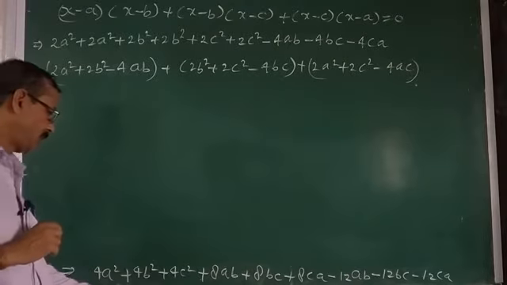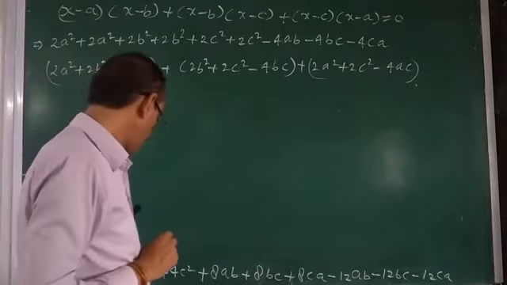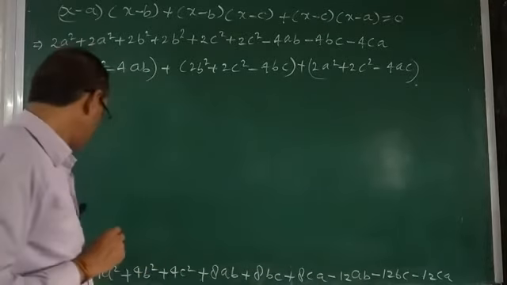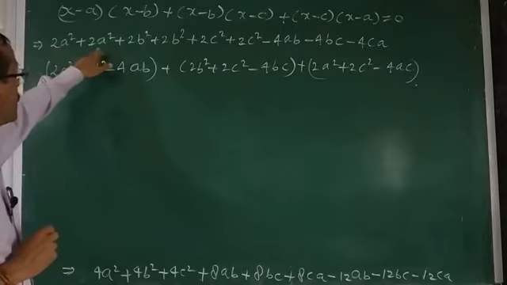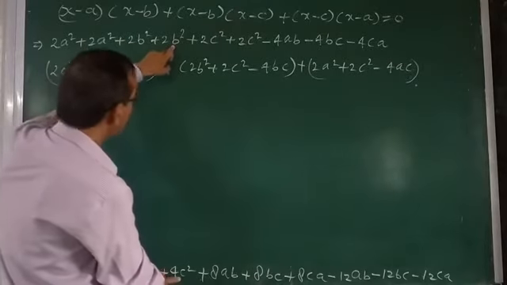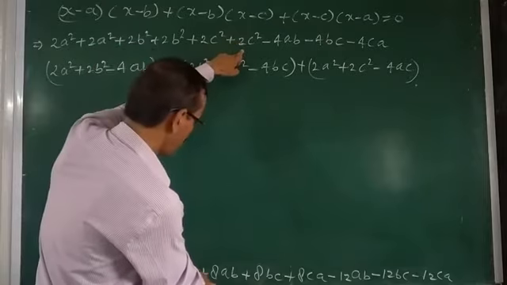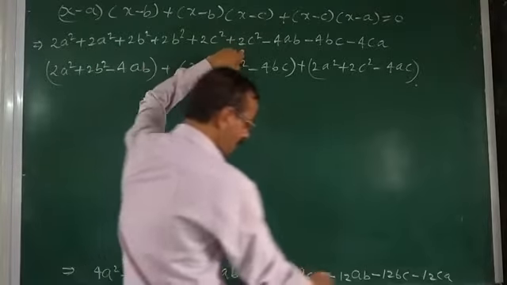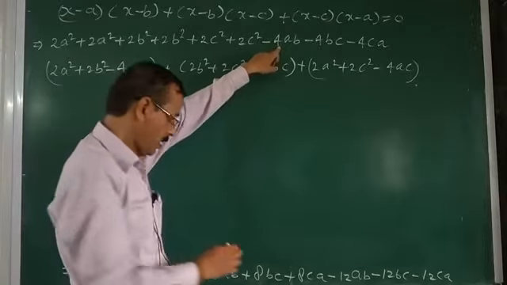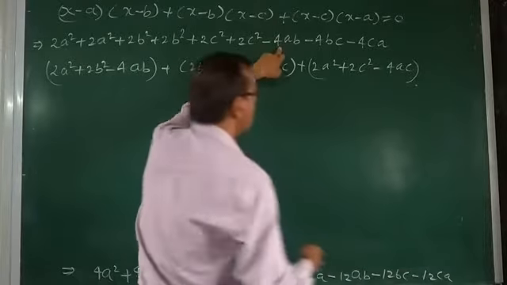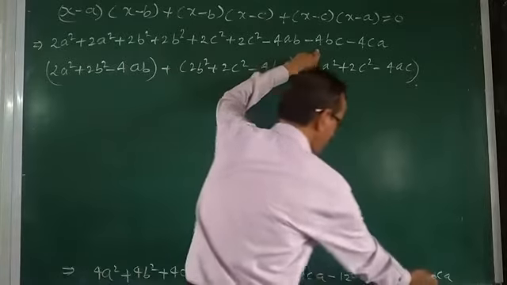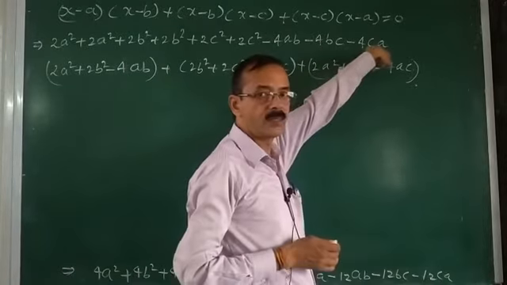Students, see: 4a square plus 4b square plus 4c square. I write 4a square as 2a square plus 2a square, 4b square as 2b square plus 2b square, and 4c square as 2c square plus 2c square. Now 8ab minus 12ab is minus 4ab, 8bc minus 12bc is minus 4bc, and 8ca minus 12ca is minus 4ca.